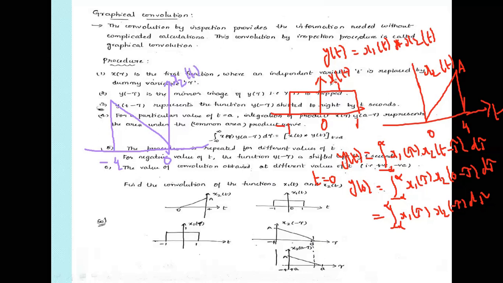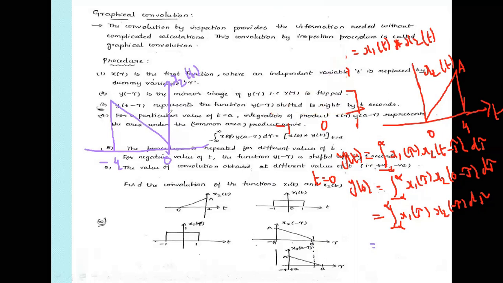Now, see that x1 and x2 have no overlapping. x2 starts from -4 to 0, and here x1 is -1 to 1. Definitely there is -1 to 0.